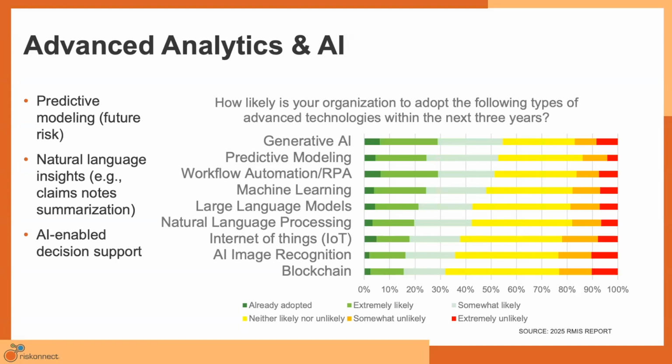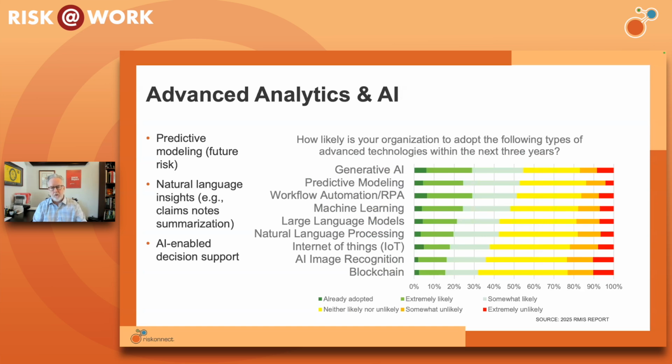What's really interesting here, and we typically see with these advanced capabilities that we do the research on, is that they start to tick up. The green bar starts to move further to the right. People are starting to adopt them. The 3 year horizon starts to go towards that 50% mark. Gen AI is a really good one.